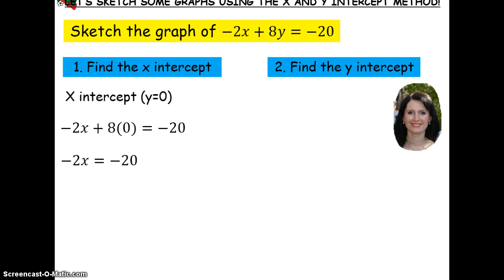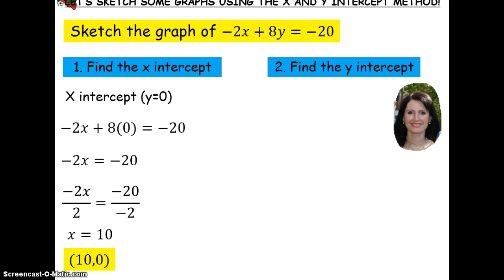I then solve for x, so 2x = -20. Divide by 2 on both sides: 2x divided by 2 equals -20 divided by 2. That gives me x = -10.